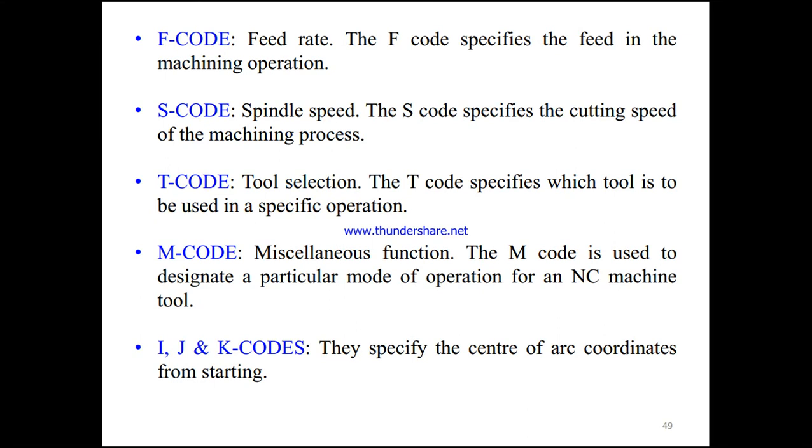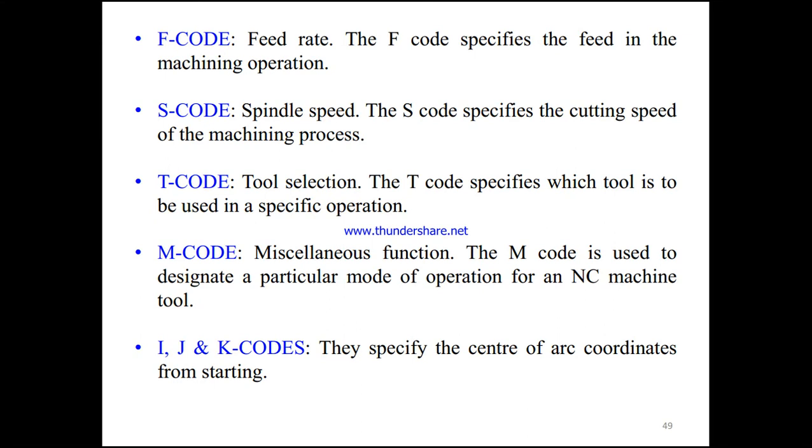S code indicates the spindle speed. The S code specifies the cutting speed of the machining process. T is the tool selection. The T code specifies which tool is to be used in a specific operation. M code is the miscellaneous function. The M code is used to designate a particular mode of operation for an NC machine tool.